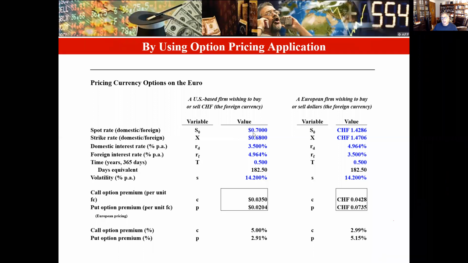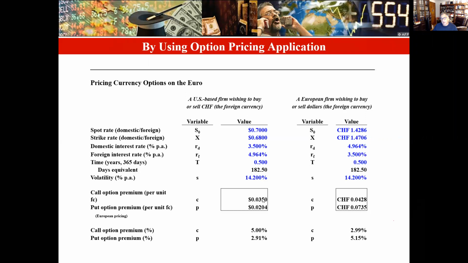So spot rate is 0.70, exercise price 0.68. The domestic interest rate is 3.5%, which is the US interest rate. In this model, we also require the foreign interest rate, which I already calculated as 4.96%. I showed you earlier, I extracted it from the forward price. The time frame is half a year, and volatility is 14.2%.